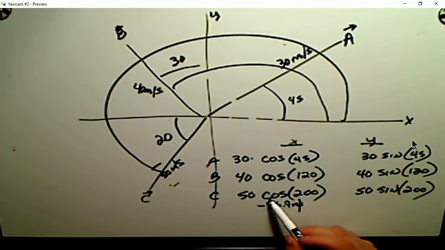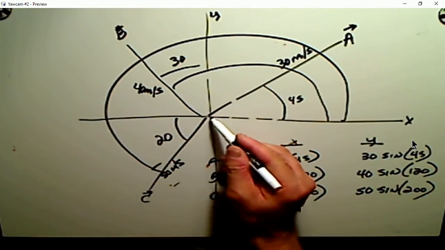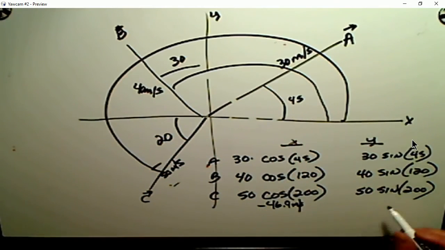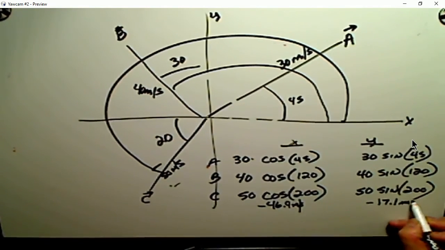The calculator, when it calculates the cosine of 200, will automatically put in the negative for the x direction, and it is in the negative x direction. Sine: 50 meters per second times sine of 200 equals negative 17.1 meters per second.